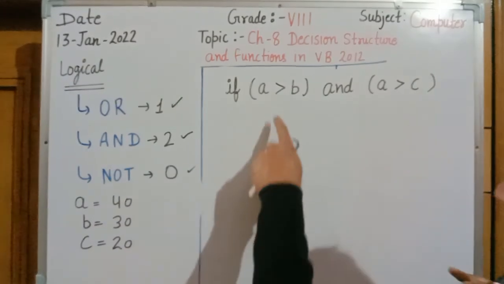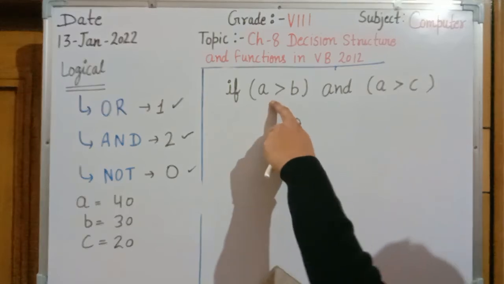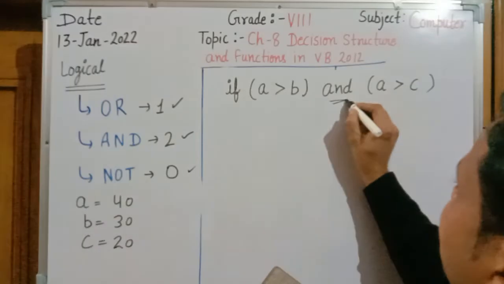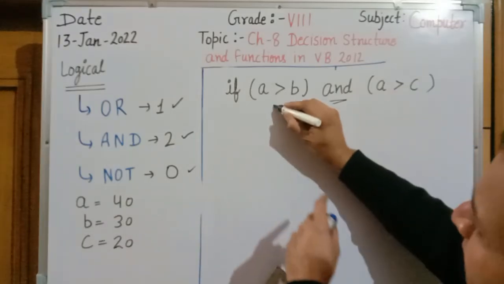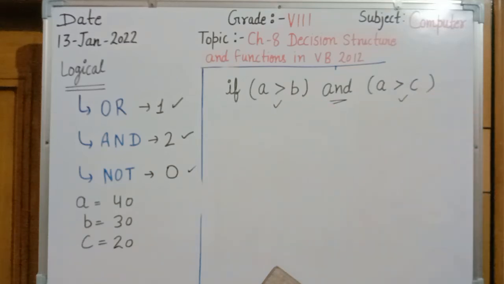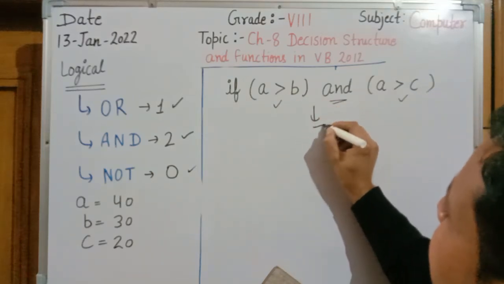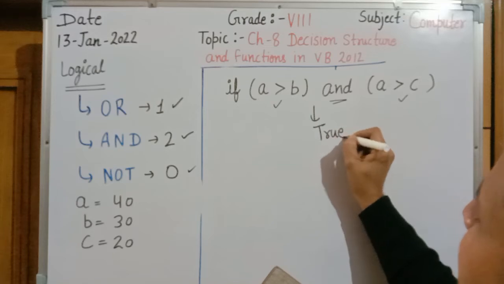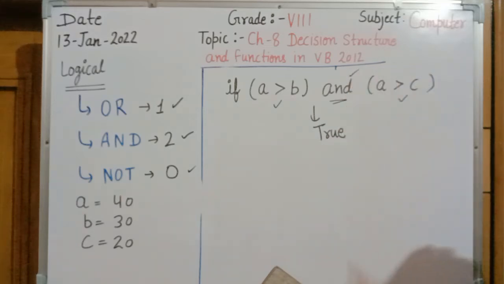If the value of A is greater than B, and the value of A is greater than C, it means this is satisfied and this is also satisfied, then the result will be true. This is the AND operator, both conditions should be true.